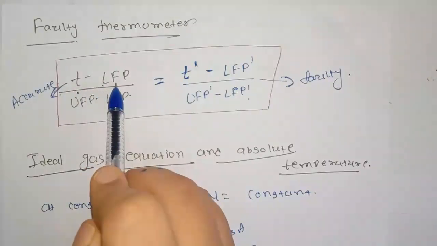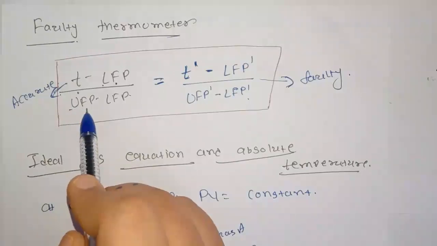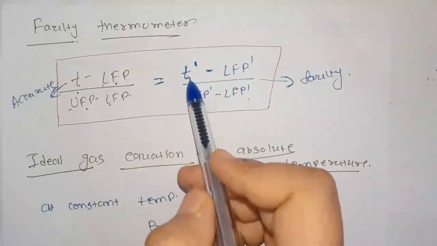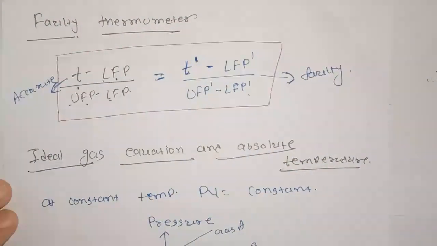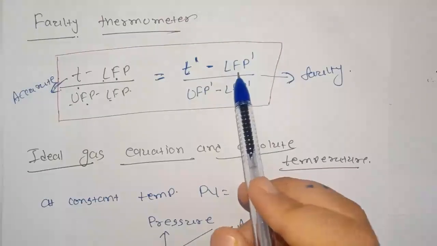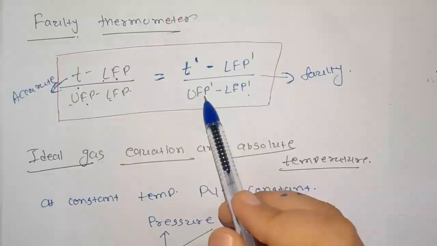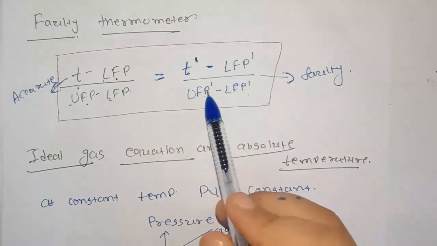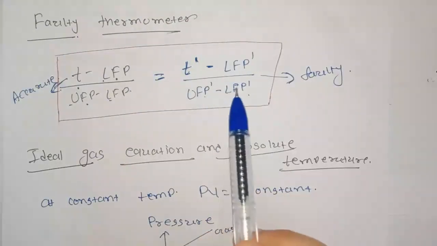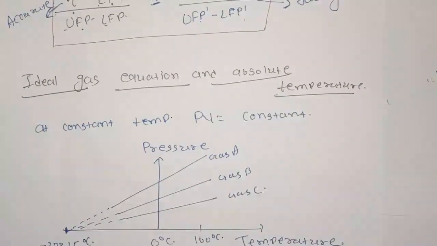LFP is the lower fixed point in a given scale. For example, it is 0 degree Celsius in the Celsius scale. UFP will be 100 degrees Celsius. T dash will be the faulty reading. LFP dash will be the lower fixed point of the faulty thermometer and UFP dash will be the upper fixed point of the faulty thermometer.